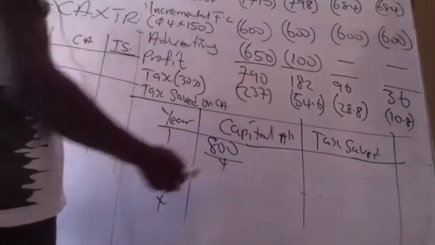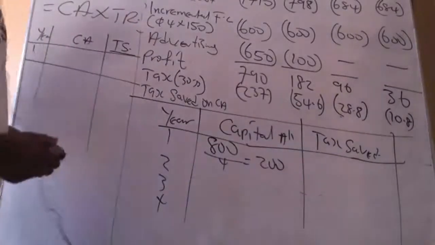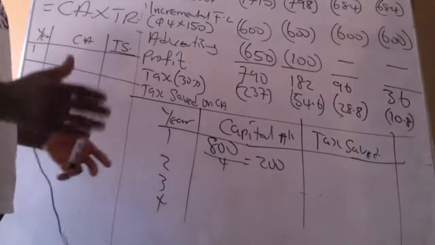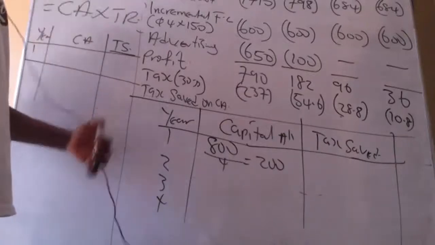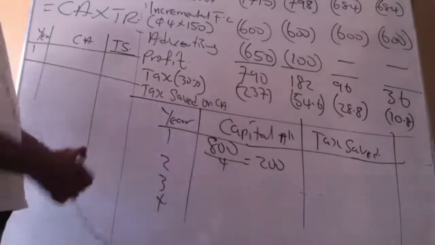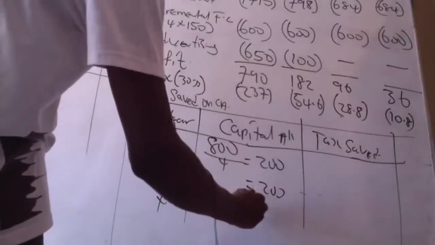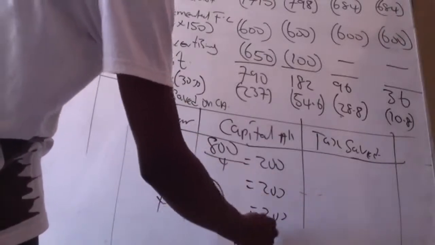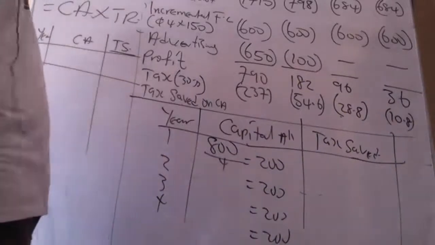So 800 divided by 4 will give us 200. And we know that for straight line, depreciation charge will be the same over the asset life, right? Good. And here it means that the capital allowance will be the same. So year 2, the same 200, the same 200. So it will be 200 over the 4-year period.